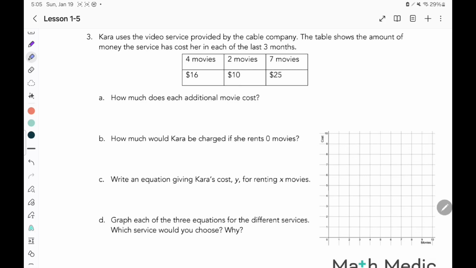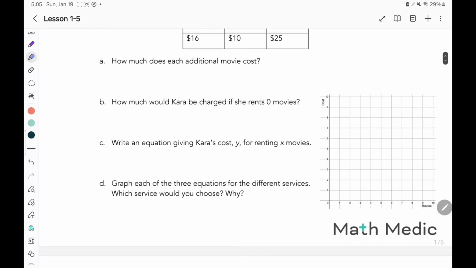Part A is asking how much each movie costs, basically. Part B is asking what the initial cost of the service would be without having to rent any movies. Part C is then we're going to generalize what is going on with the scenario or come up with an equation that models what is happening here.